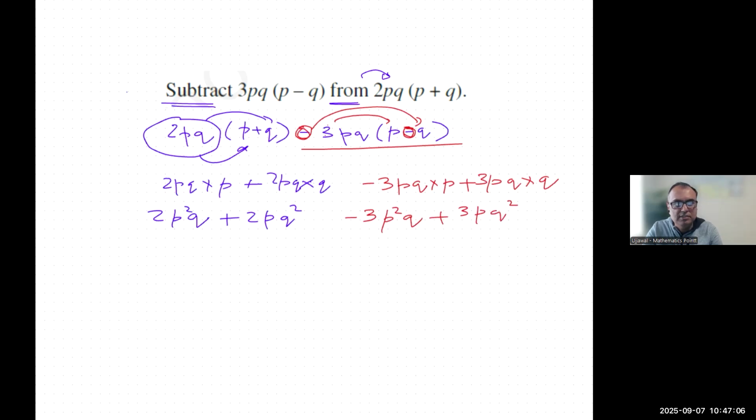Once this is sorted, it's easy. Let's pick up the like terms. That's my like term, this one and this one. 2p square q, they look alike. So it is negative p square q.